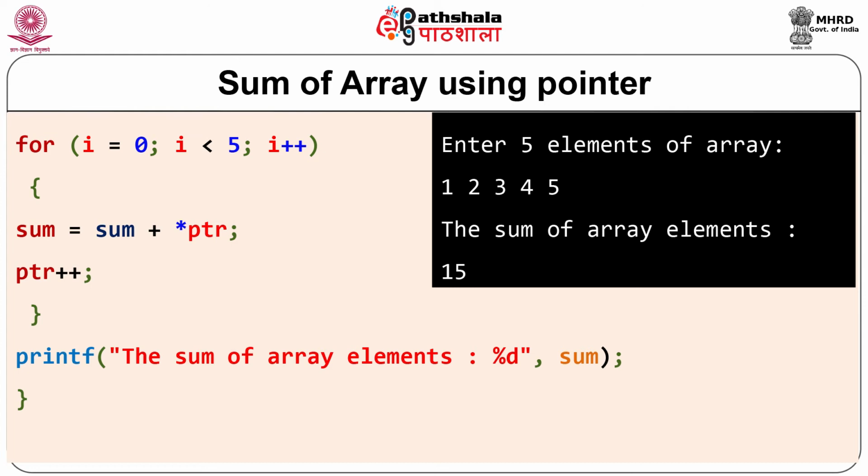If you enter elements of array like 1, 2, 3, 4, 5, then you know that the sum of these array elements is 15. But here we are not doing this sum using just array, we are doing this sum using pointers.